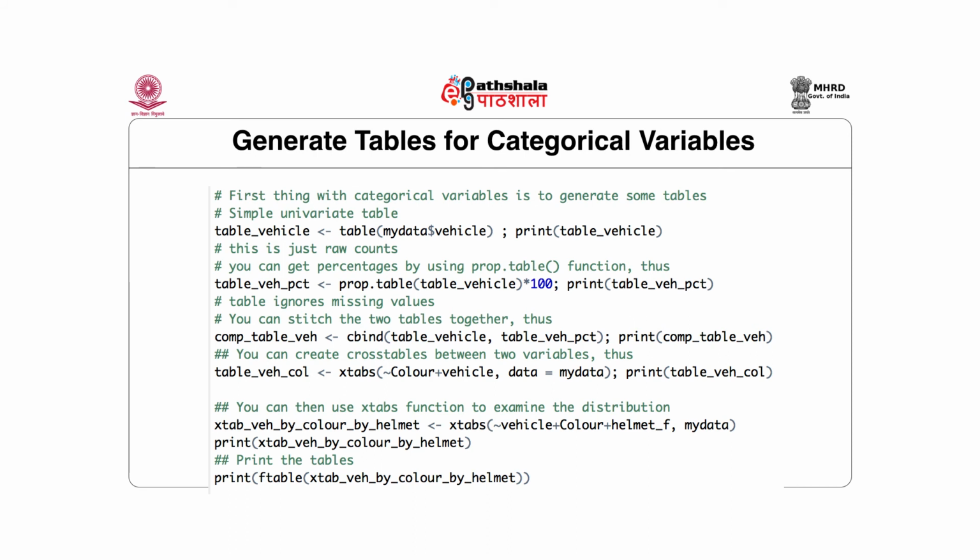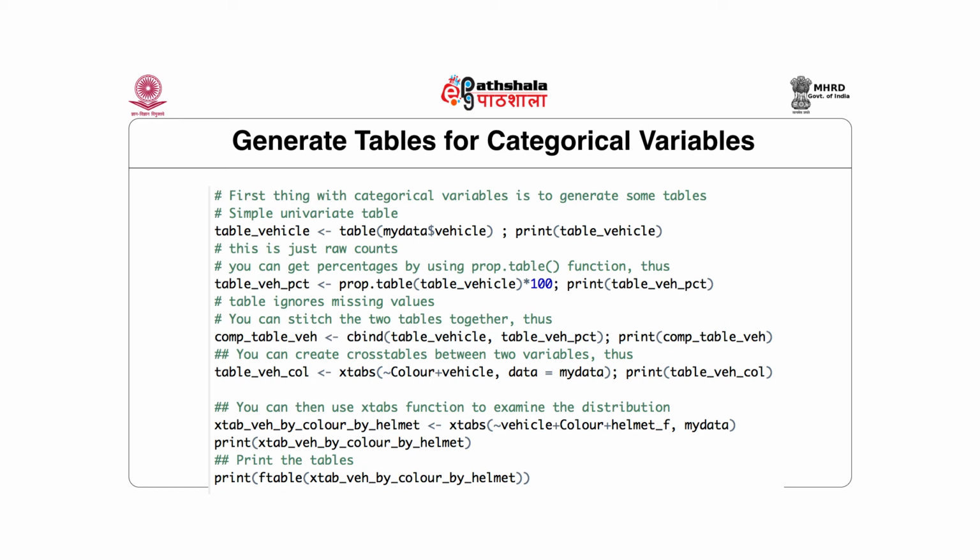The simple thing to do in order to tabulate a categorical variable is to use the function called table. Here, for example, we have got a variable called vehicle, which is essentially a categorical variable, and I have just used the function table in order to transform that into a simple table. When you do that, you just get the raw numbers.